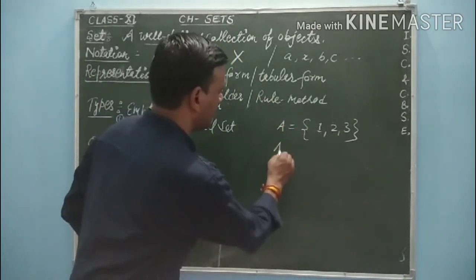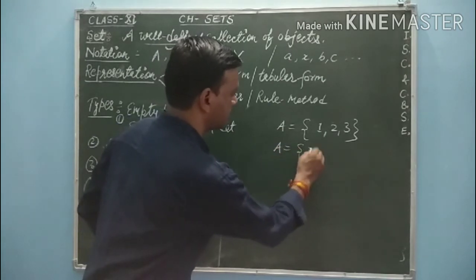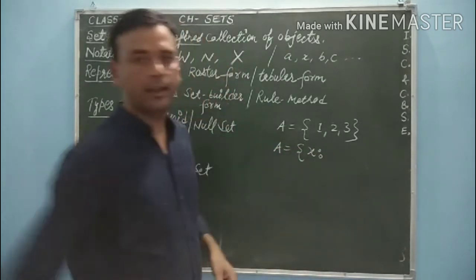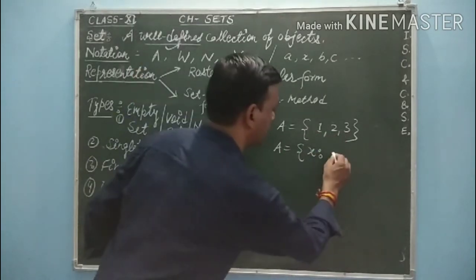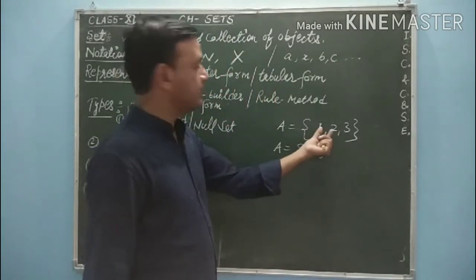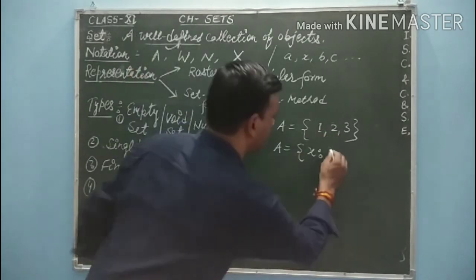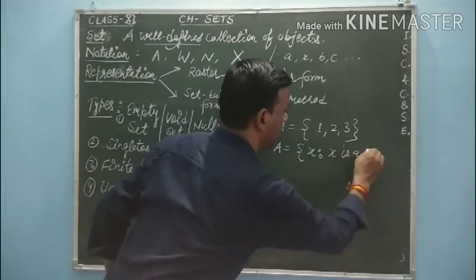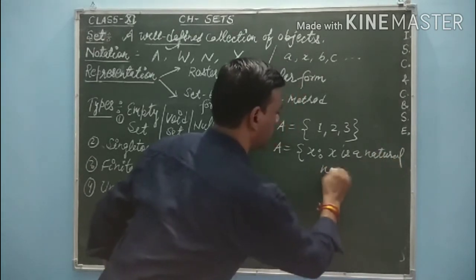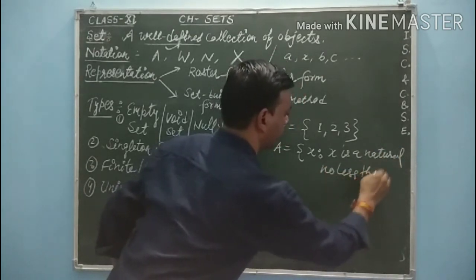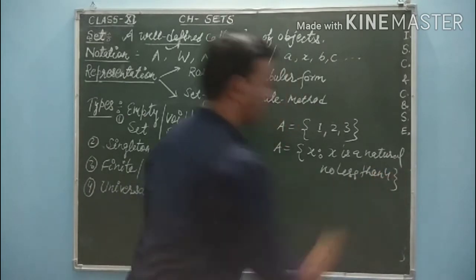The same set I can write in set builder form just like this. I will first write a variable, and then I will write the common property of all these elements. What are these elements? These elements are actually natural numbers. So I can write A = {x : x is a natural number less than 4}.